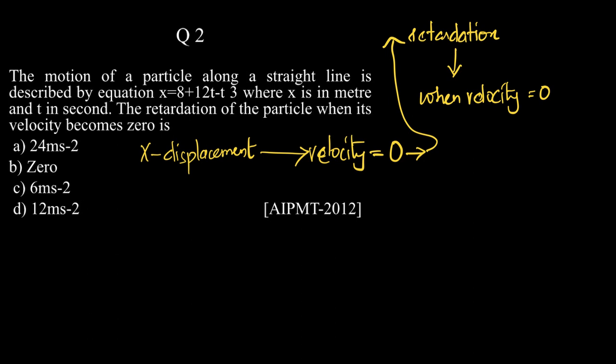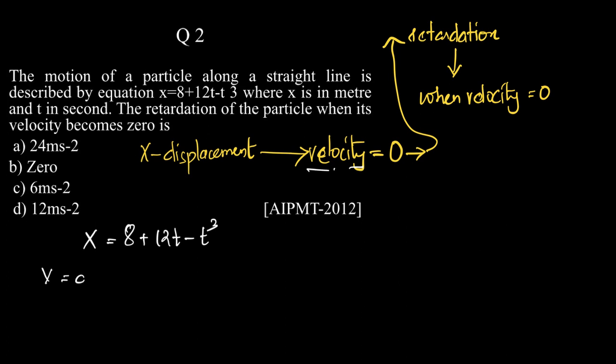Now how do you do this? See, what's given is x is equal to 8 plus 12t minus t cube. Now how do you find out velocity?